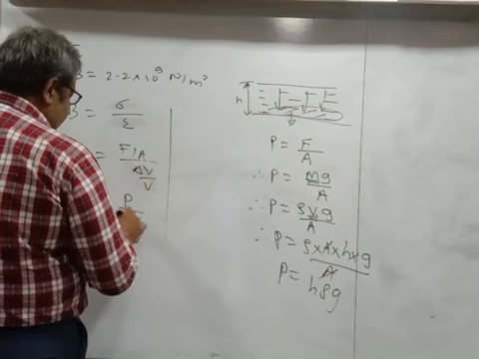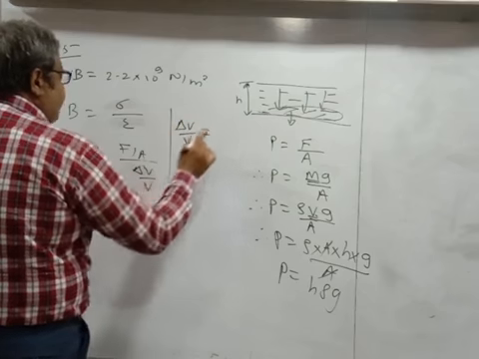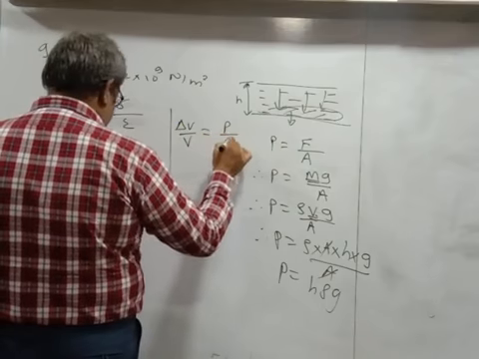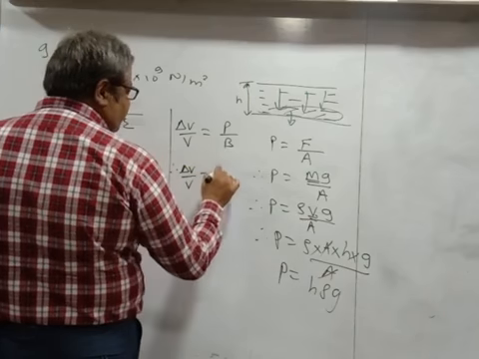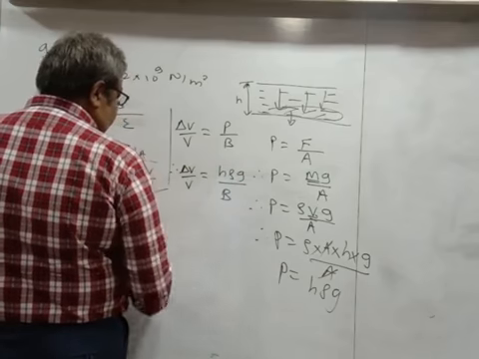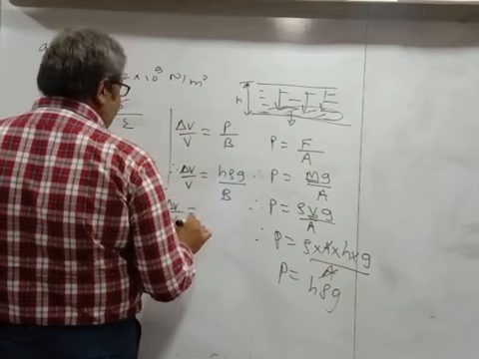Now they are asking us to find delta V by V, so we take delta V by V as the subject of the equation. Delta V by V is equal to pressure, H rho g, divided by B.